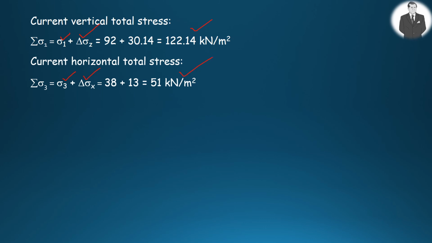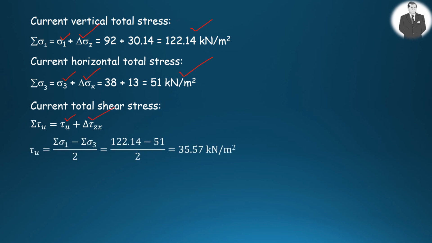And finally, the current total shear stress is equal to present shear stress plus the shear stress increase. The present shear stress can be obtained by the expression provided here, which represents the radius of Mohr circle under undrained condition. Just remember the case for undrained, unconsolidated triaxial test.